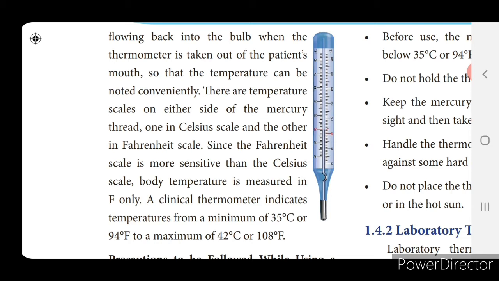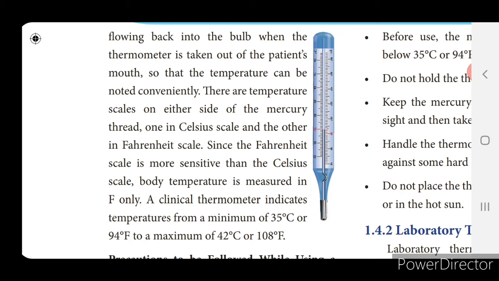It will pass through the capillary tube, and the glass tube has both Fahrenheit and centigrade values marked on its sides. So according to the temperature of the body, the mercury will rise and show it.